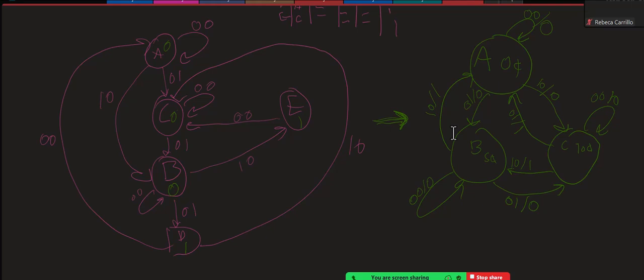Okay, so I have an ASM chart for both of them, but I really only have time to do one. So let's do the ASM for the Mealy because that one only has 3 states, so it'll be easier.